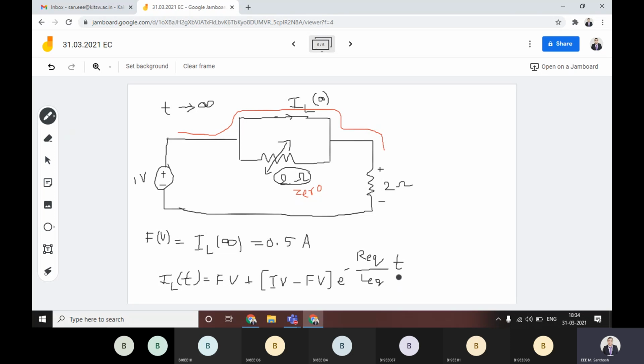Actually minus t by tau, the tau value I have written here, R equivalent by L equivalent. You understood this point? Simply now you substitute all the values here.